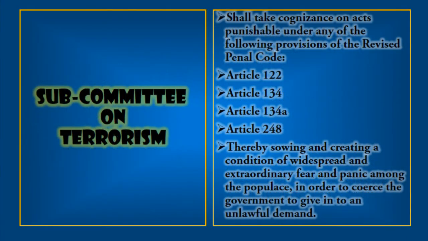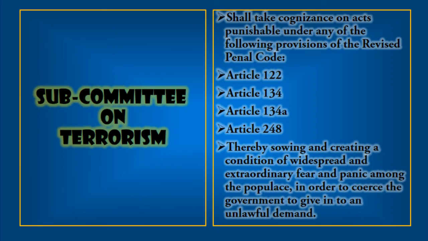So kindly familiarize yourself also with that. And then we have here the Subcommittee on Terrorism. So they are in charge commonly of those crimes that are in connection with terrorism. So there, they mentioned Article 122 of the Revised Penal Code, that is on the crime of piracy and mutiny.